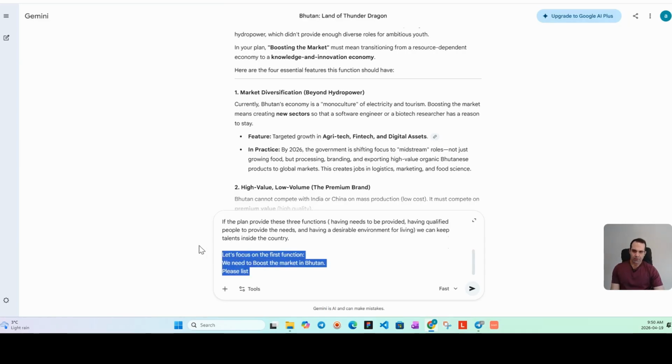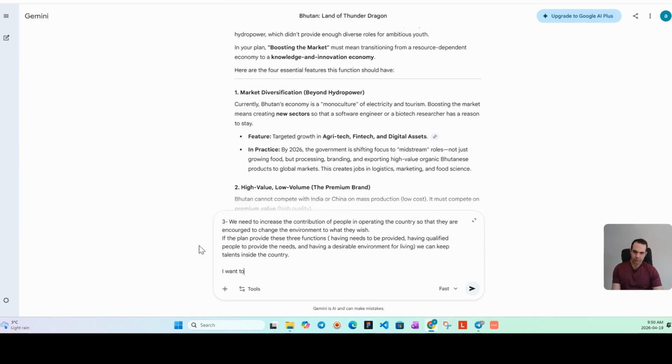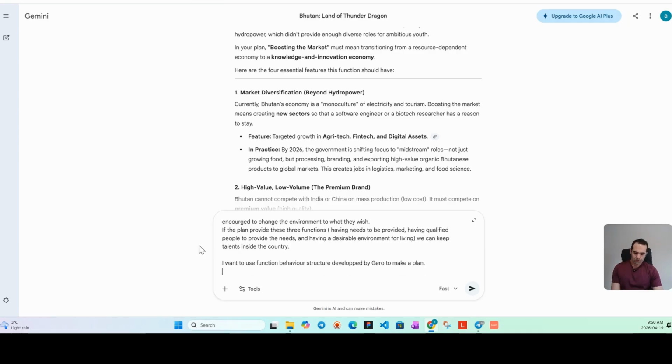Okay, I want to use function behavior structure developed by Gero to make a plan. We have the functions here.